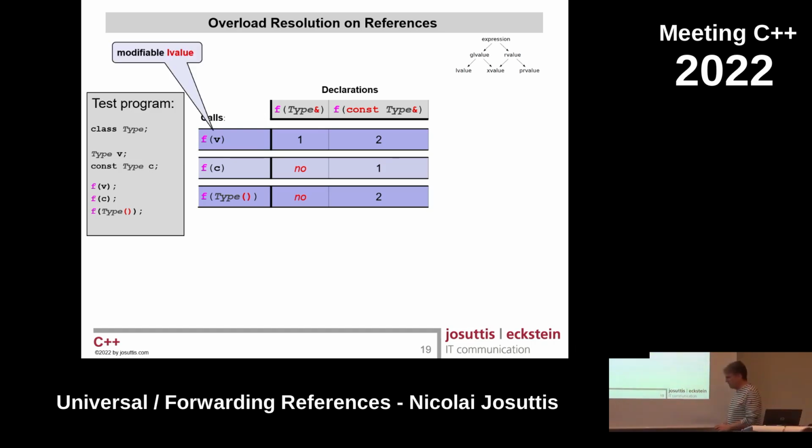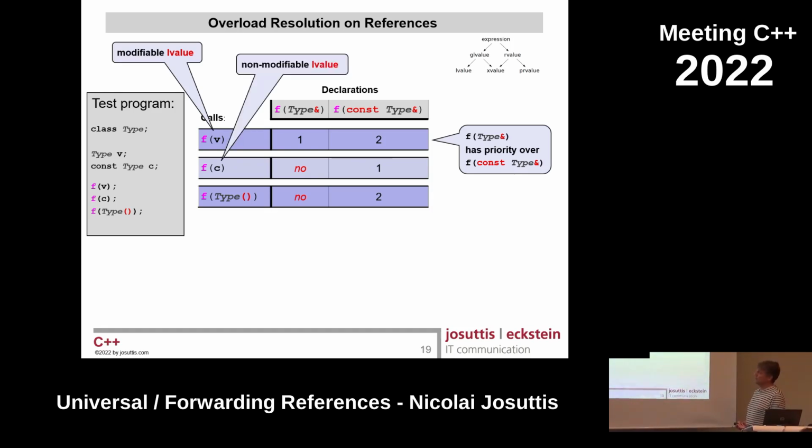So here you see that for v, which is a modifiable L value, it has a name, you can call both functions, but the one with the non-const L value reference is preferred. For c, which is a non-modifiable L value, you cannot pass it to a non-const reference.